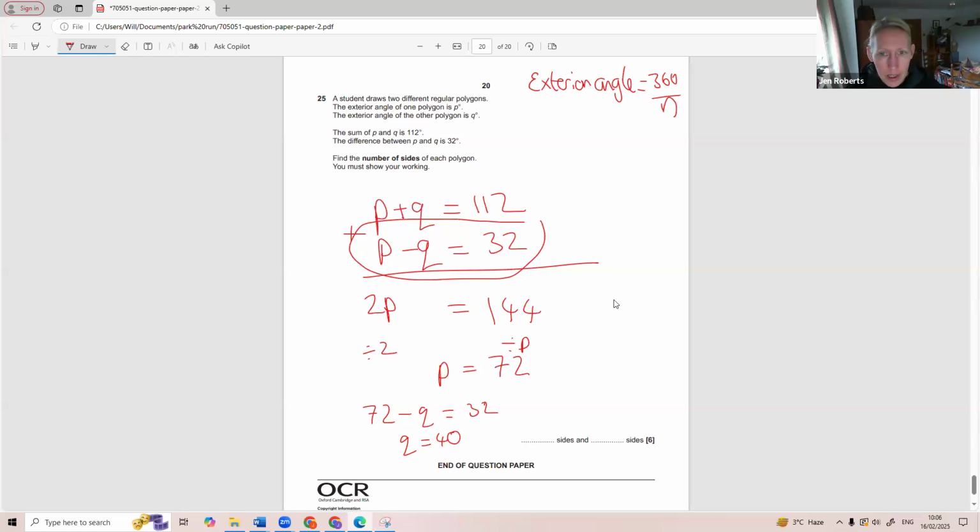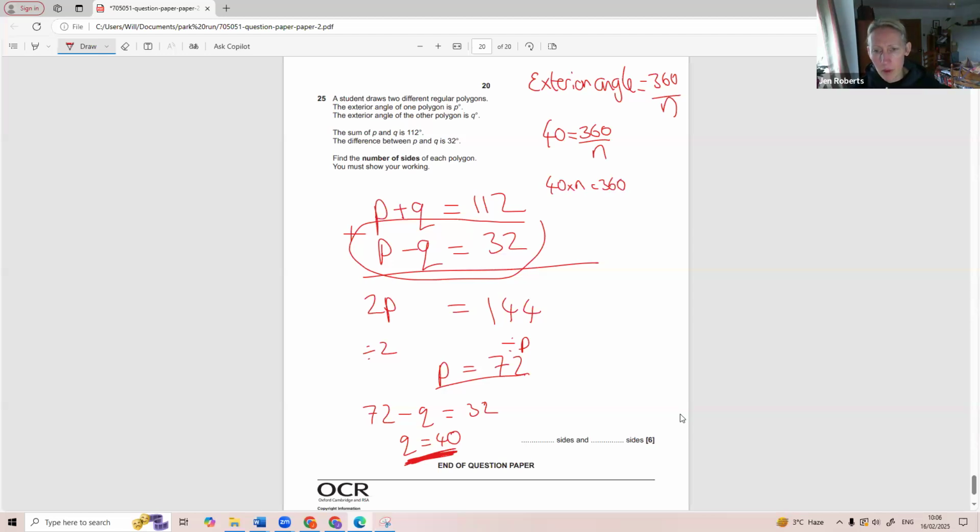Not finished yet though. We need to work out the number of sides of each polygon. So we know this is the exterior angle for one polygon. This is the exterior angle for another. Let me just take this one first. Okay, so exterior angle is 40. 40 equals 360 divided by n. I'm going to times both sides by n to get 40 times n is 360.